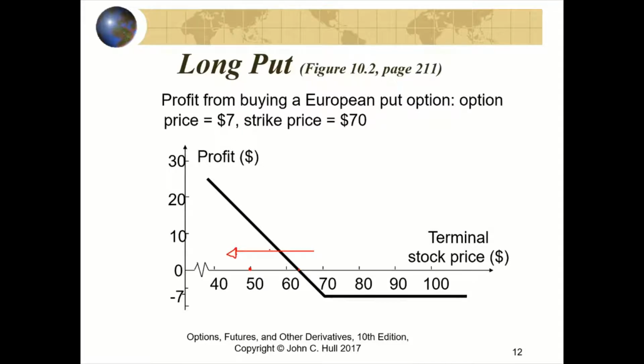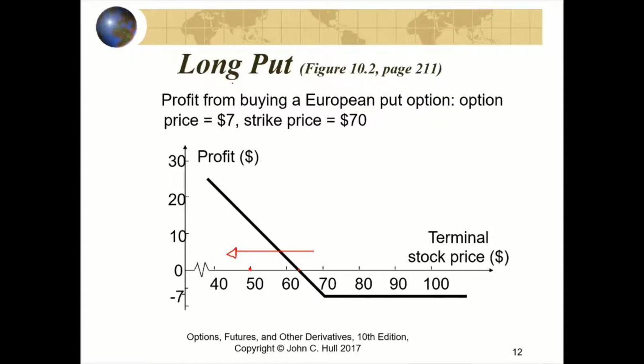Because if you bought the stock at 63, you paid $7 for buying the put option, and you received 70 from exercising the put option, so net will be 0, a net profit of zero. If the price decreases, then you will receive a higher profit.